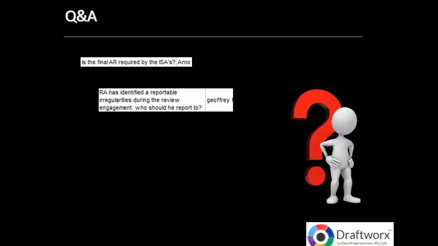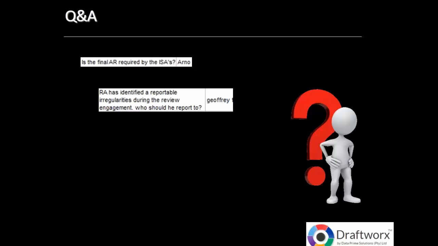If you are not doing an audit, I somehow don't think there's a requirement that you actually report that reportable irregularity. It's not that you shouldn't report something, but it certainly wouldn't be to IRBA. Perhaps the CIPC or GSG, lodge a case, but I don't think there's a statutory requirement for reporting a reportable irregularity.